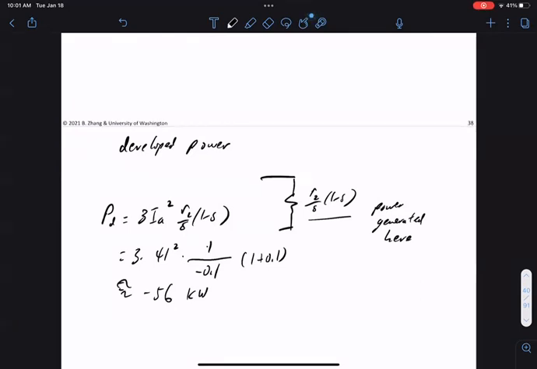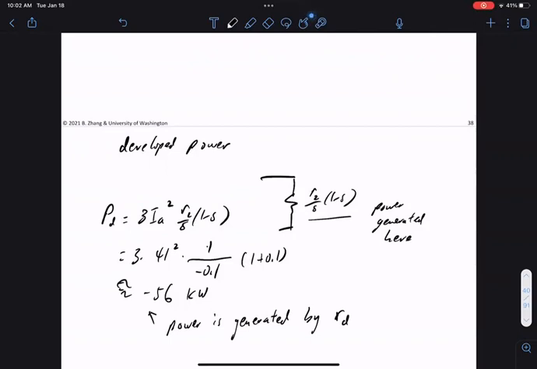So this minus sign tells you the power is generated by RD, by this resistor. Normally the power across a resistor has to be positive. In this case, because the slip is negative, I have some generated power here.